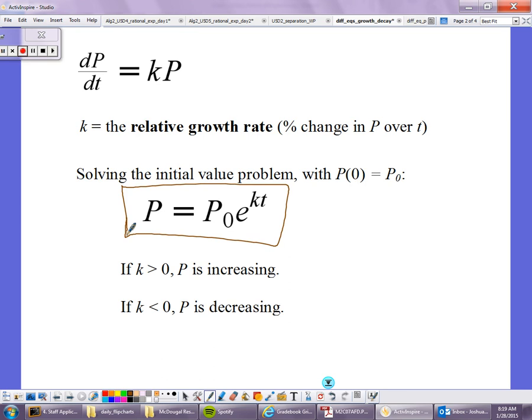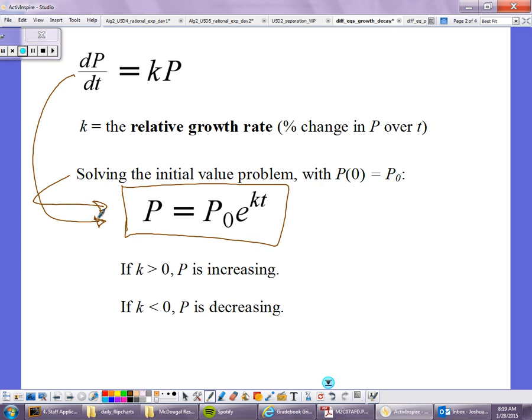In the video introducing separation of variables, I went through why this is, how we go from this basic differential equation down to this explicit equation for P. It's pretty straightforward. You're going to see it over and over again, so you want to make sure you know what you're doing with it. Go back and look at that video if you're not totally sure.